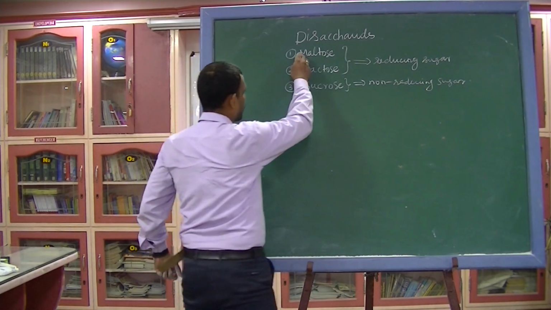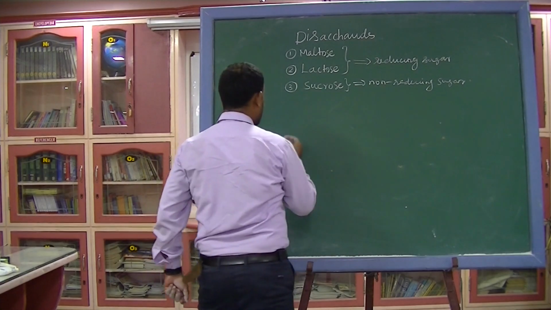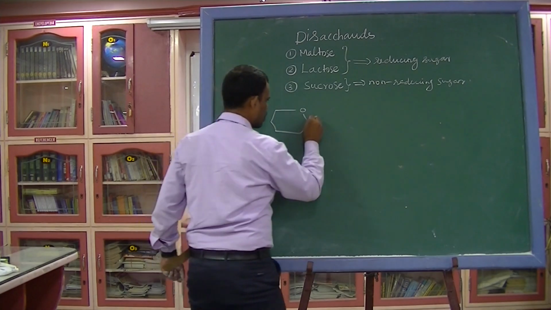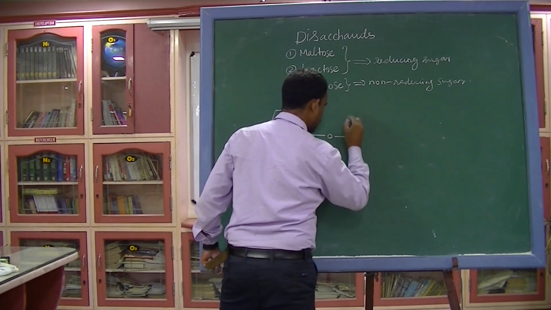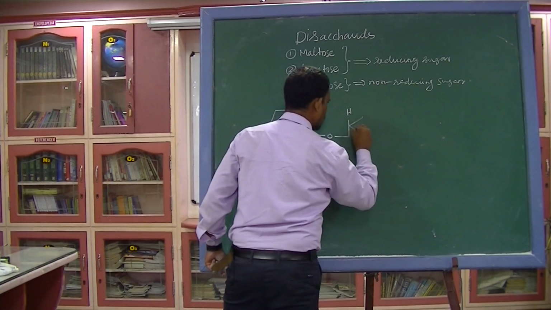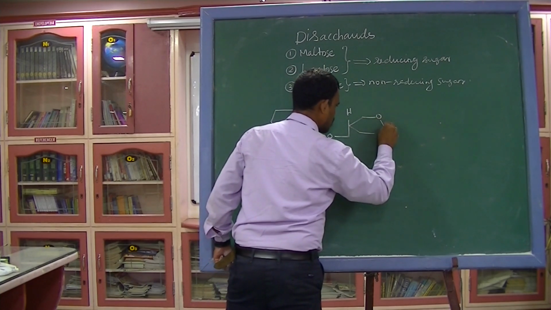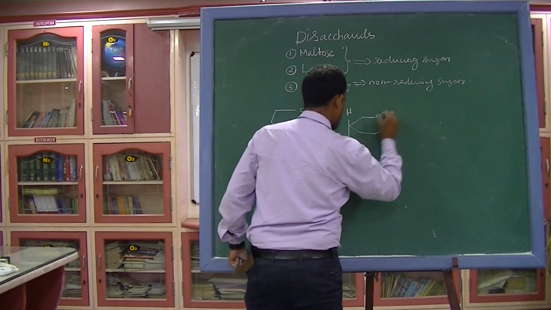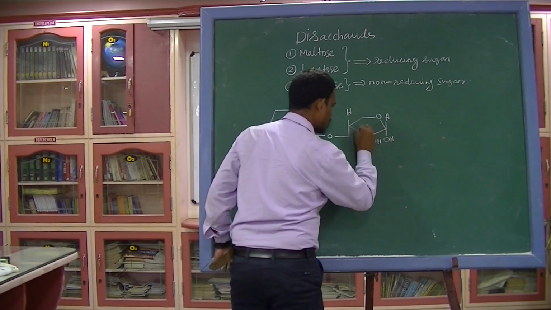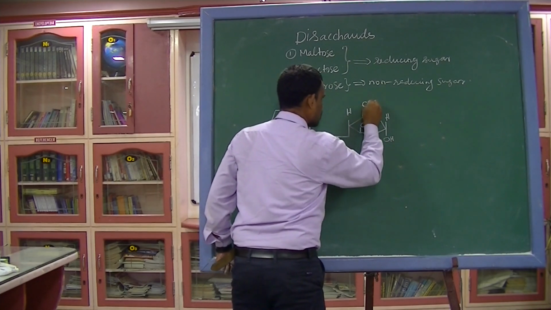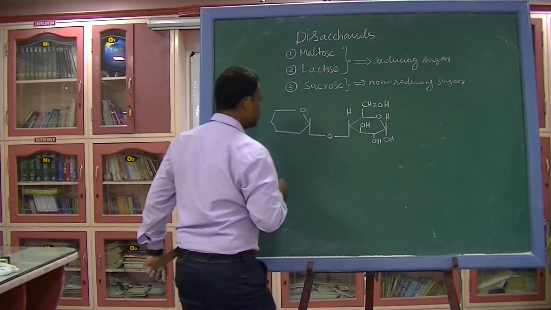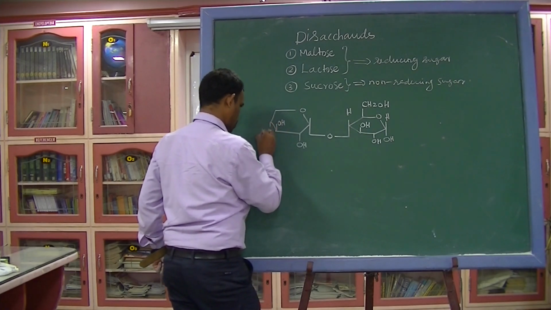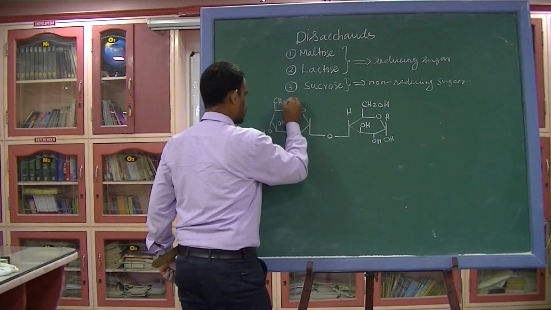Let's first discuss maltose. The structure of maltose is: this is OH, CH2OH, this is OH, CH2OH.